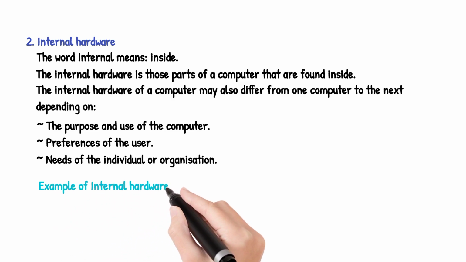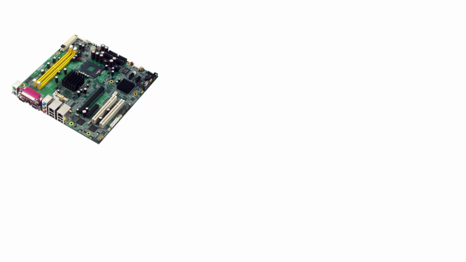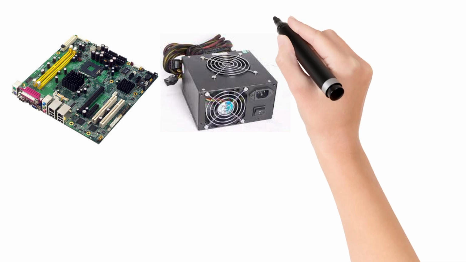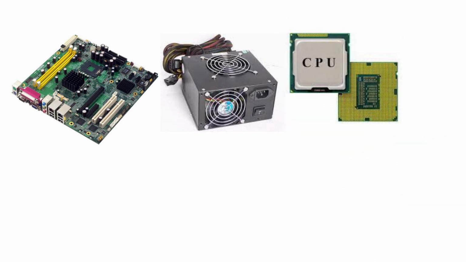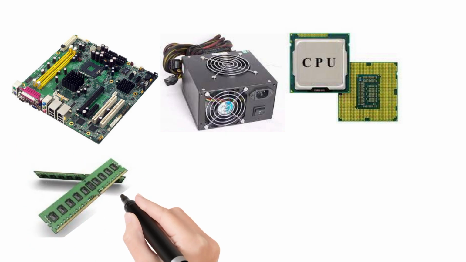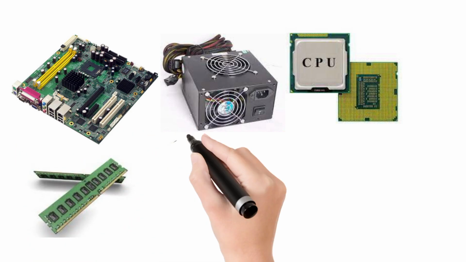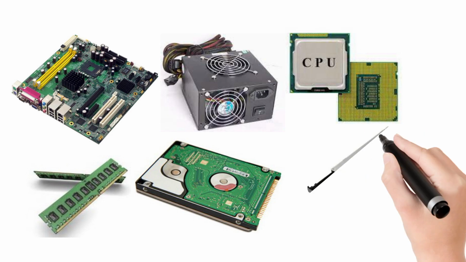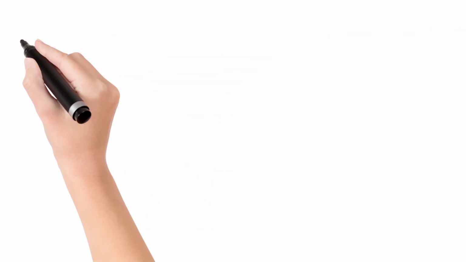Examples of internal hardware may include the main circuit board or the parent board, which you can also just call the motherboard, the power unit, the central processing unit, the memory chips, the hard disk drive, the internal hard disk drive, the compact disk drive, the floppy disk drive, though nowadays, in this era, we no longer use these floppy disks.